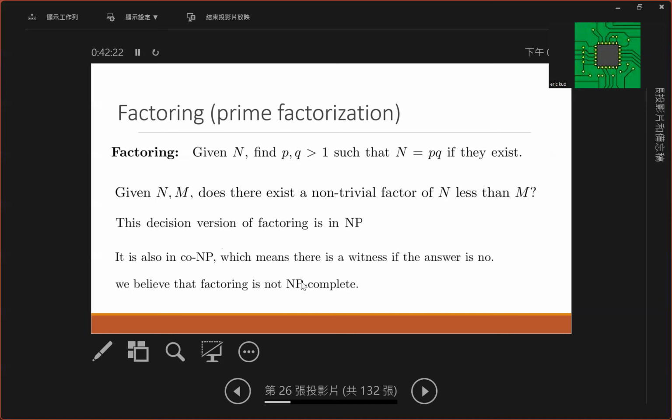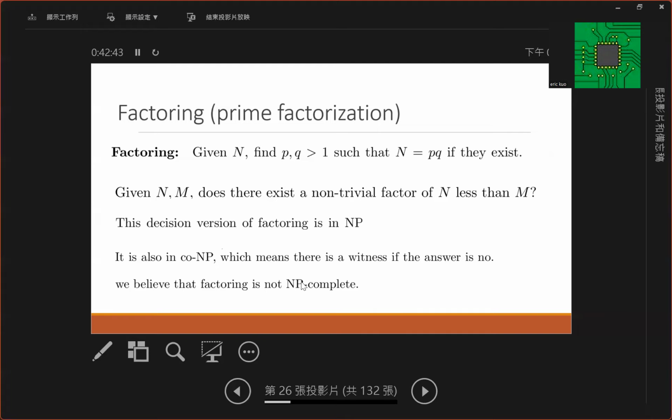So factoring is a special problem. We believe factoring is not NP-complete, because factoring is in the intersection of NP and co-NP. This is not a general characteristic of NP-complete questions.